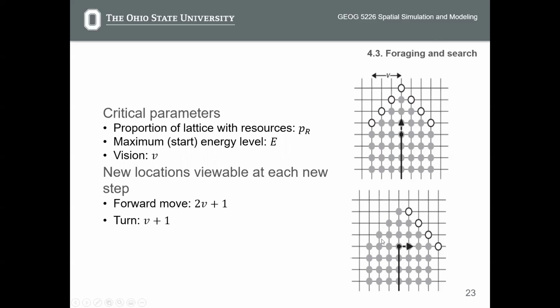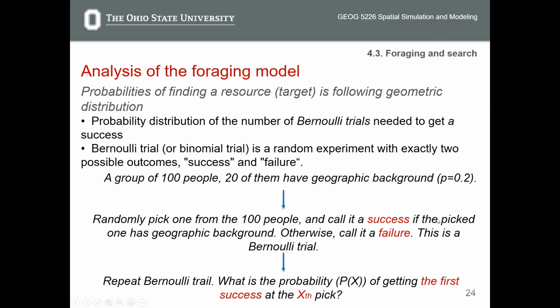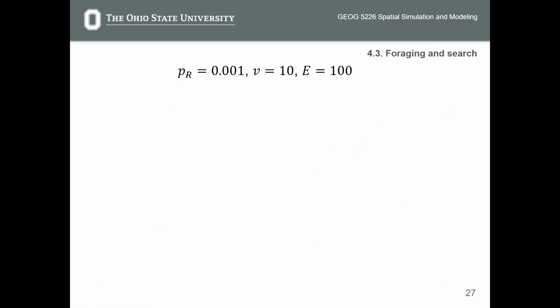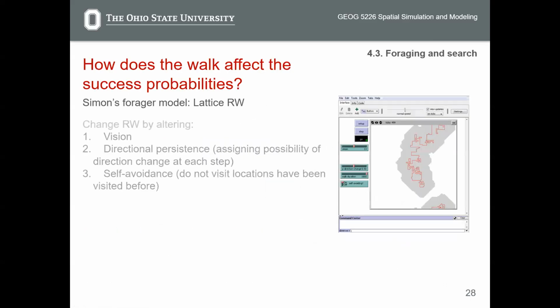Again, it's about efficiency. If you go along a specific direction consistently, you will find more sites after each step compared to turning to another direction, right? So directional persistence is also important.